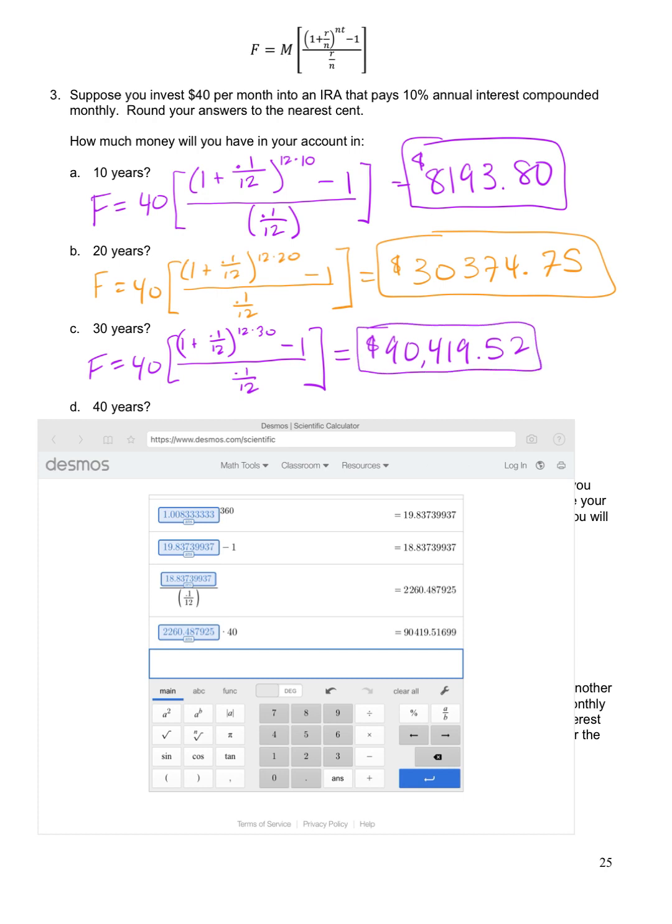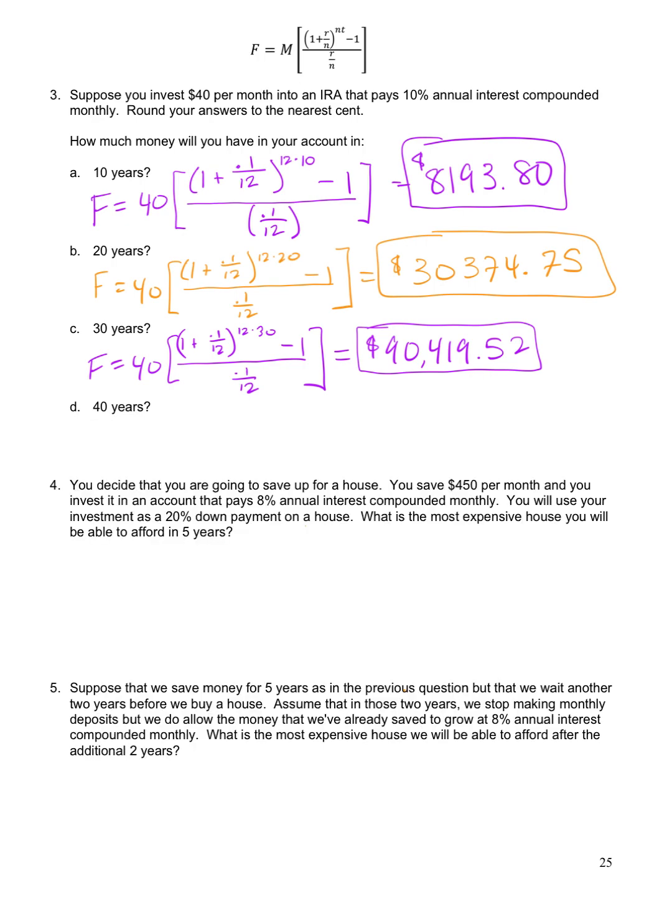And we'll repeat one more time using 40 for t instead of 10 or 20 or 30. So that is going to look like F equals 40 times 1 plus 0.1 over 12 raised to the 12 times 40, minus 1, all over 0.1 over 12. And I am going to do it in a calculator, but I'm just going to do it off to the side here.